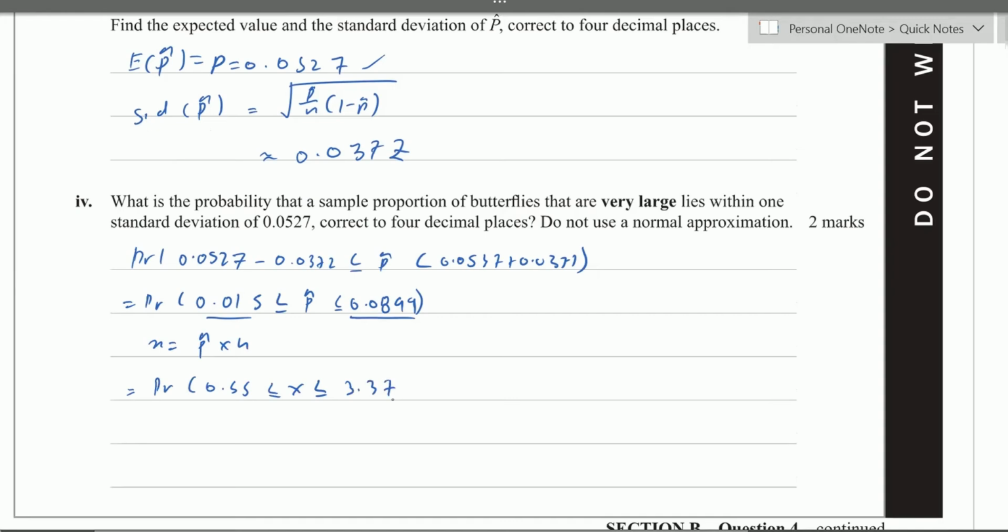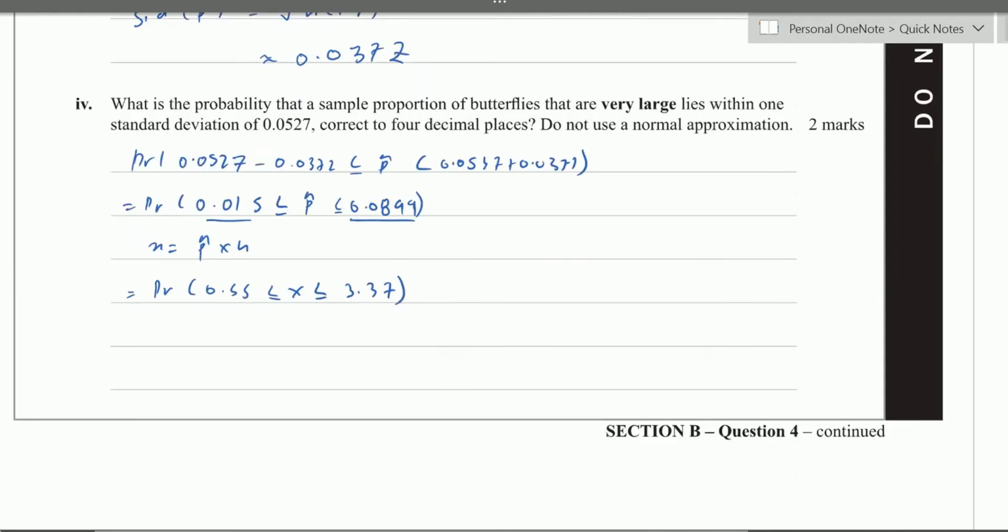But you have to remember that we're dealing with butterflies. So you can't have 0.55 of a butterfly. So you have to make these whole numbers. So if X is greater than 0.55, then X is greater than 1 butterfly. And if it's less than 3.37, then it's less than 3 butterflies.